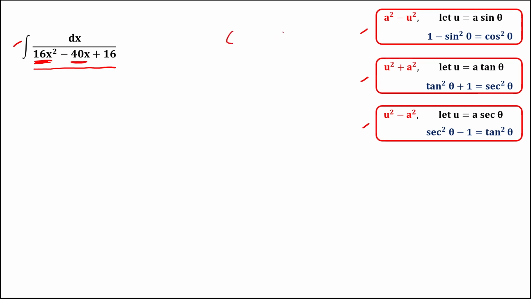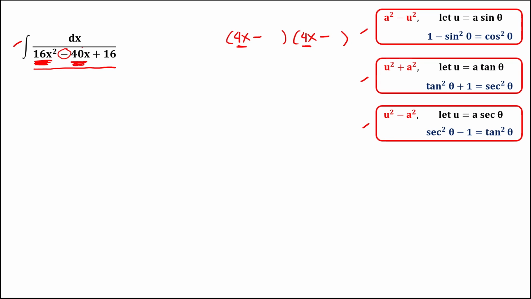From the first term, we need to find the factors, and the factors must be the same. So for this 16x squared, this is equal to 4x times 4x. Again, these two factors must be the same.